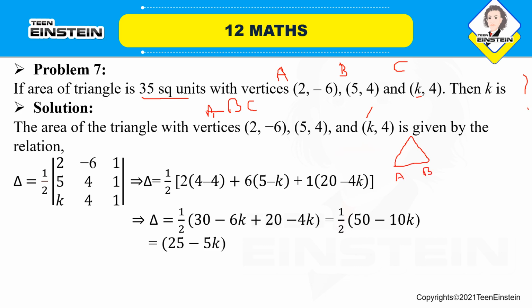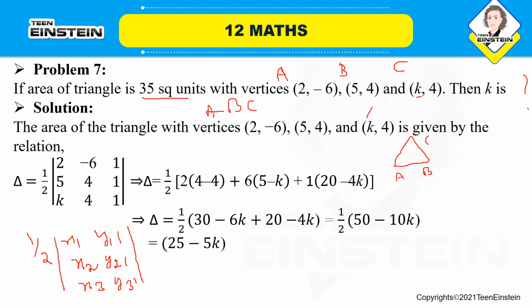Okay. So this is the triangle formed by three vertices: A of 2 comma minus 6, B of 5 comma 4 and C of k comma 4. Okay, so we are going to use the result that half into determinant x1 y1 1.